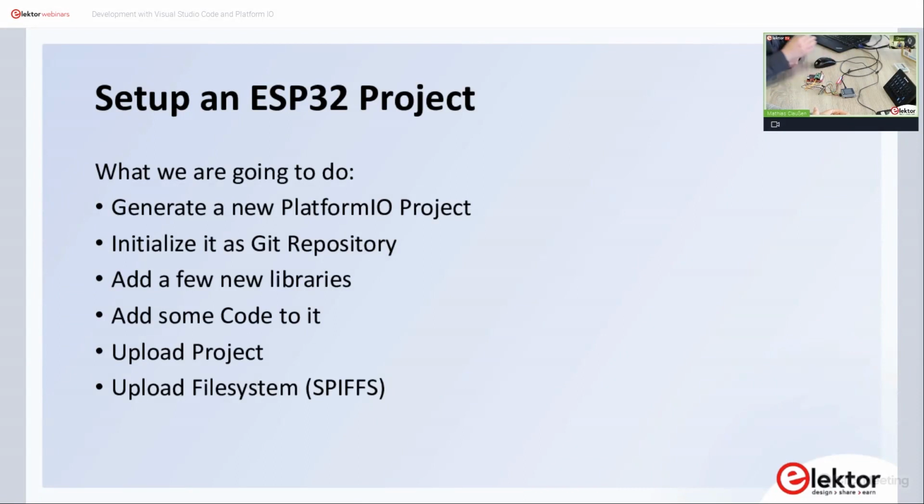So what we are going to do, generate a new PlatformIO project. We can initialize it as a Git repository. We will add a few new libraries to it, add some code to it. We'll upload the project, and I will show you, that's for maybe your later projects, how to upload the flash file system.